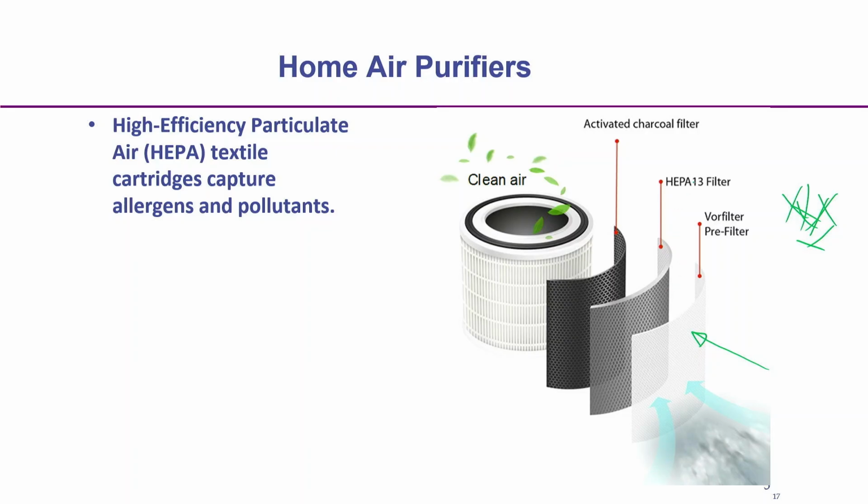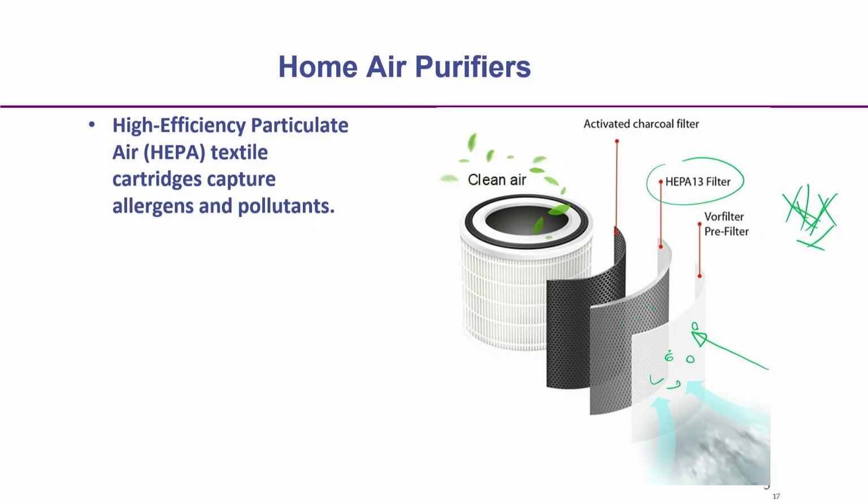So, the coarse filter is to arrest the coarse, the larger particles, and then the HEPA filter to prevent the fine particles. So, these two layers we use.